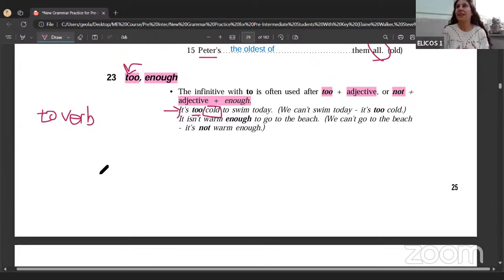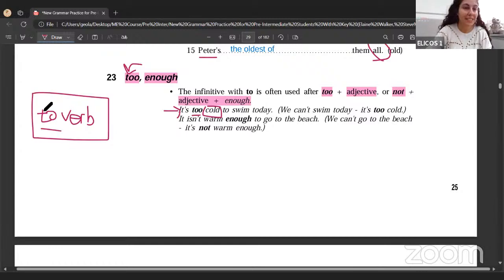That's usually when we say, I went to my grandmother's house to eat some cake, or I went to the movies to watch the latest film. So this is a different to, because this to is with a verb, but this too is with an adjective.